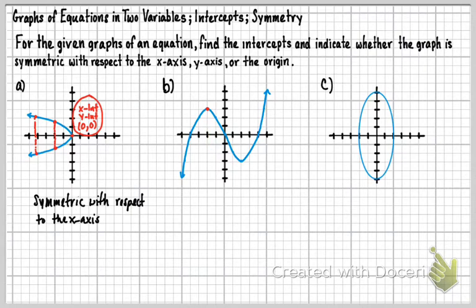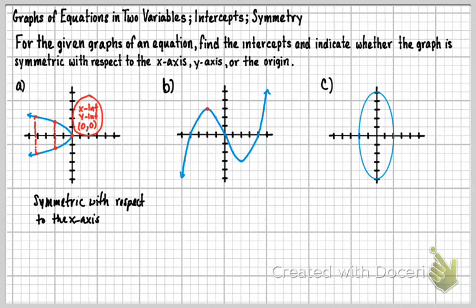Now let me take that same point and shoot it across the y-axis. The point I get would be here, and that point is not on my graph either. So it's not symmetric with respect to the y-axis.